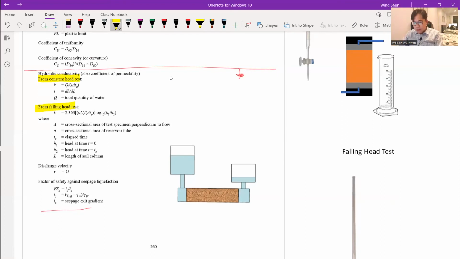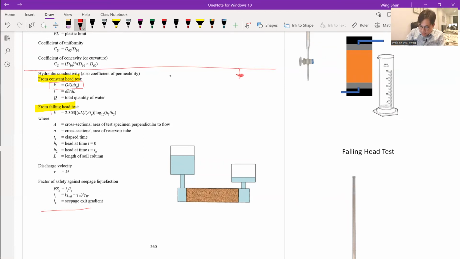The two tests come with formulas. This is the formula for the falling head test, and this is the constant head test formula to find the hydraulic conductivities.